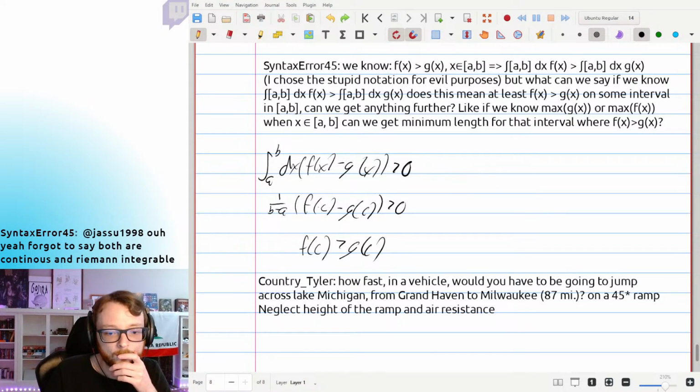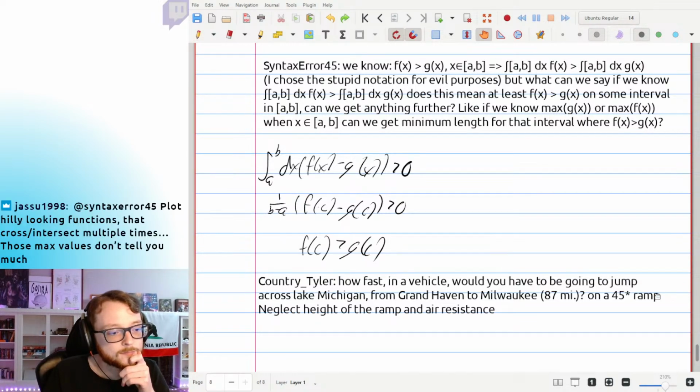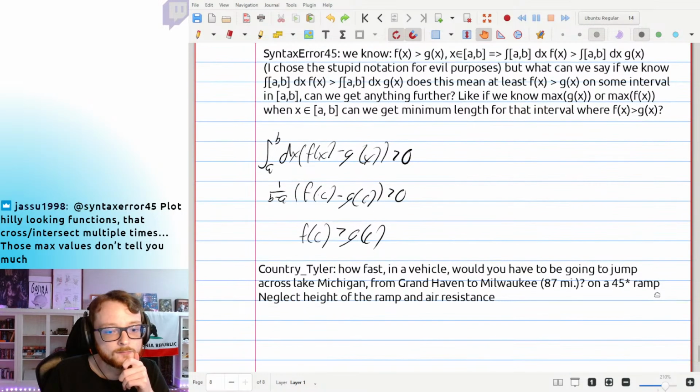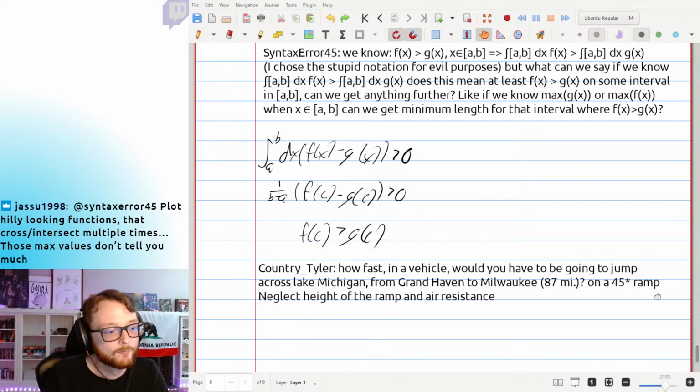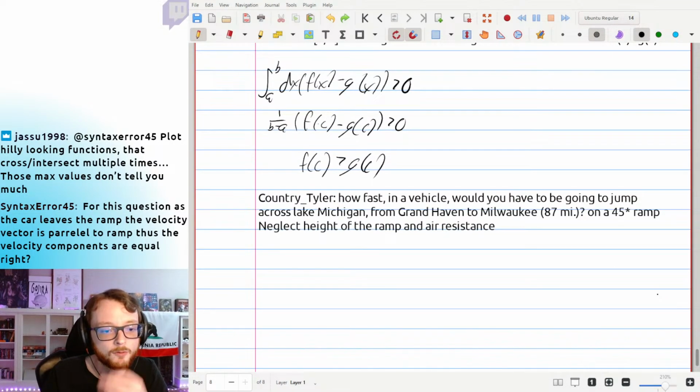Air resistance probably does play a role, but I don't know. I kind of know about a differential equation, but I don't know exactly how you would deal with it. Yeah, syntax, exactly that.